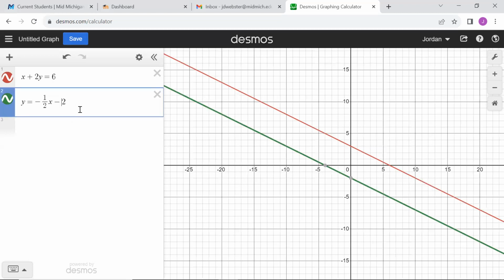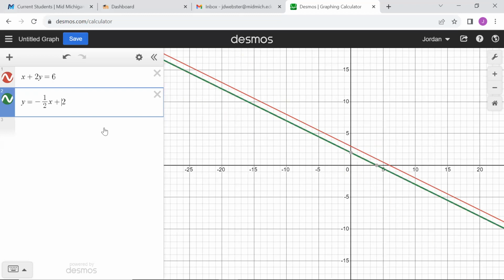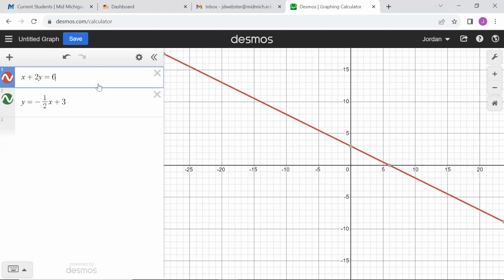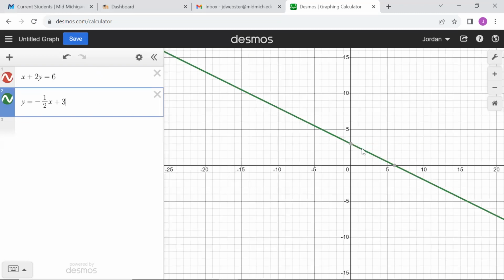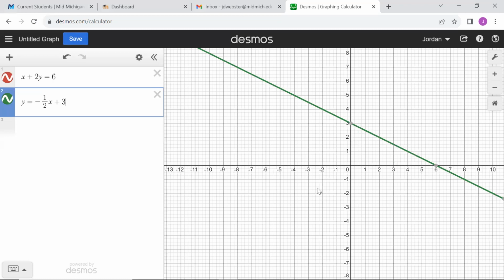Now, the way infinitely many solutions would work, that's the other kind of unique case, is if we had two lines right on top of each other. You can see the green line and the red line are actually the same line in this case.